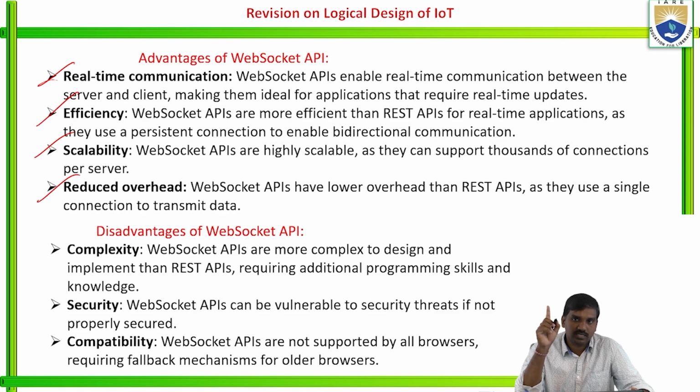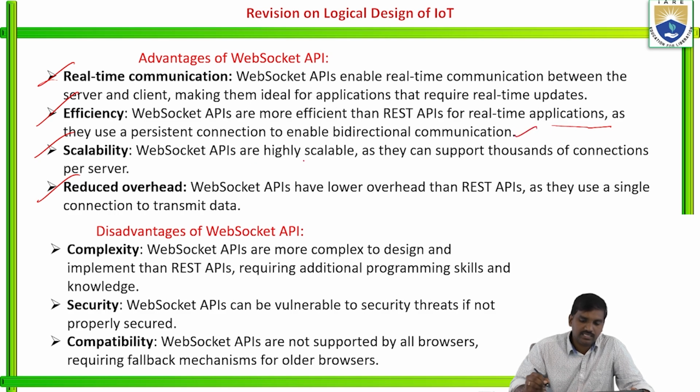So it supports real-time communication, which is the advantage of the WebSocket API. Next, efficiency. WebSocket APIs are more efficient than REST APIs for real-time applications, as the persistent connection enables bidirectional communication. So that is the efficiency. And scalability.